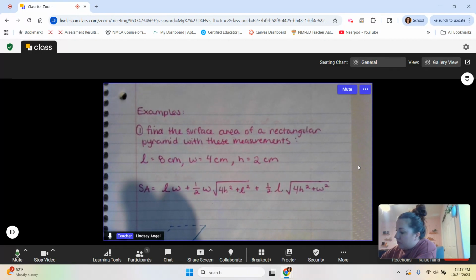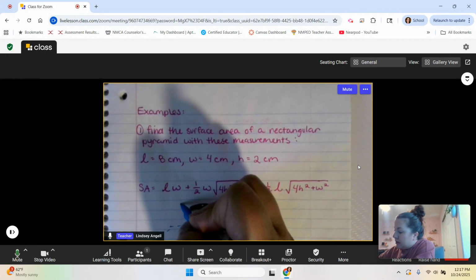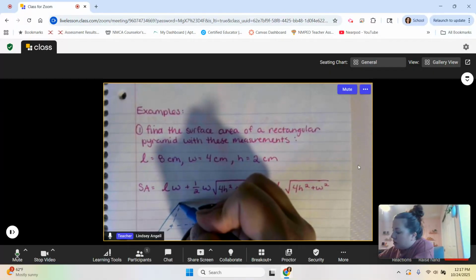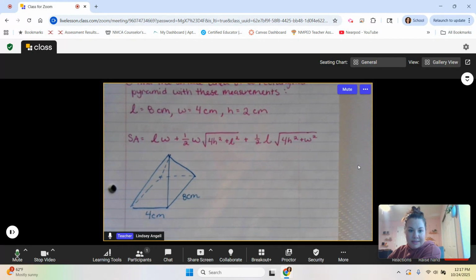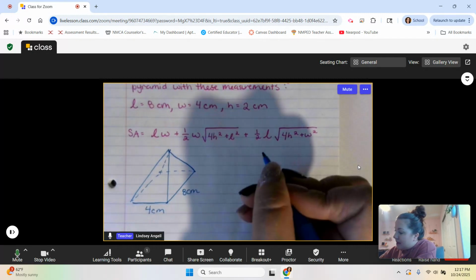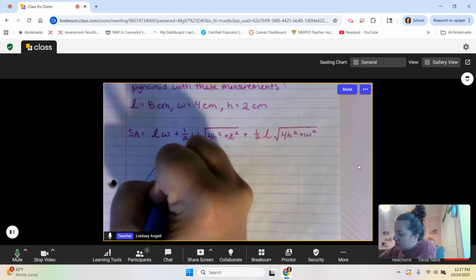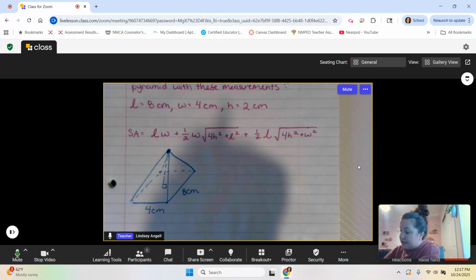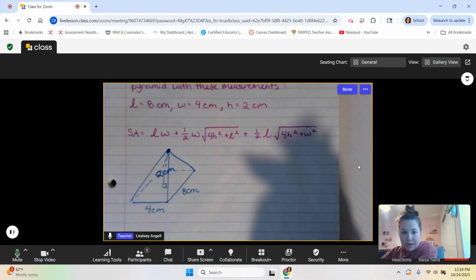This would be 4 centimeters, this is 8 centimeters, and then all of that comes to a point on the pyramid like that. The height would be from the apex down to the base, and that's always a perpendicular distance. In this case, that would be 2.